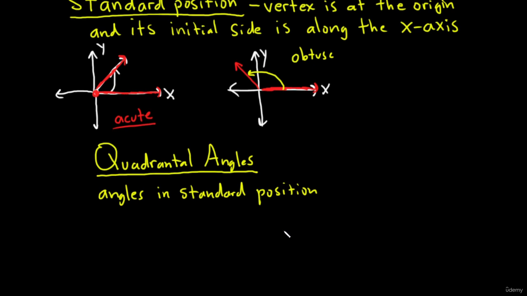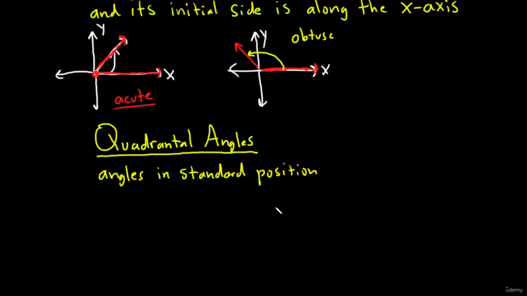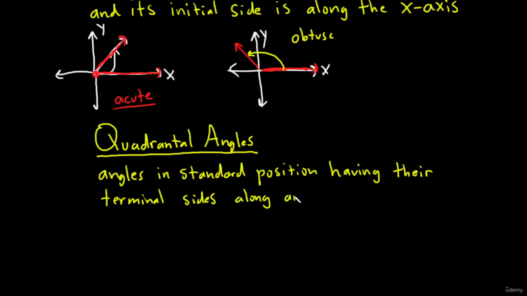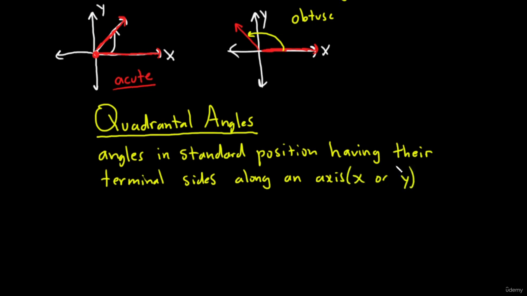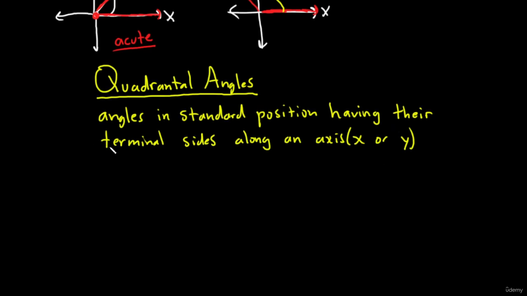So they're angles in standard position, having their terminal sides along an axis, x or y, so it doesn't matter. And there's several, but let me just give you some examples.